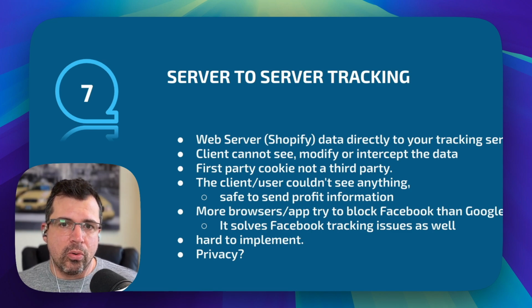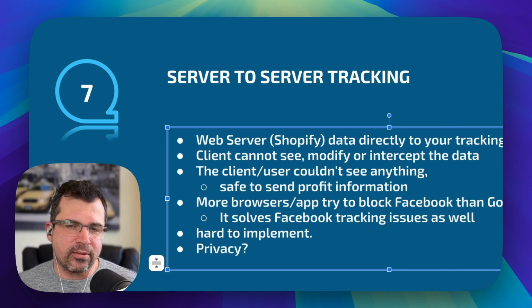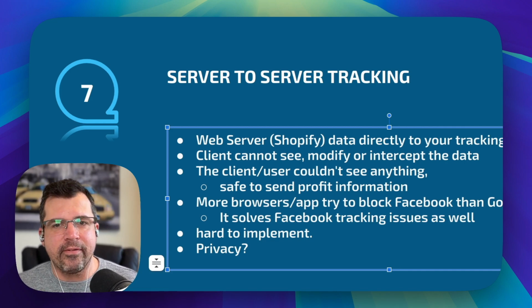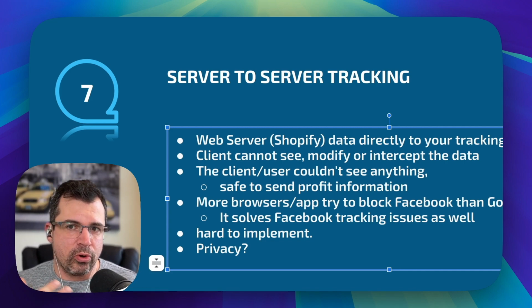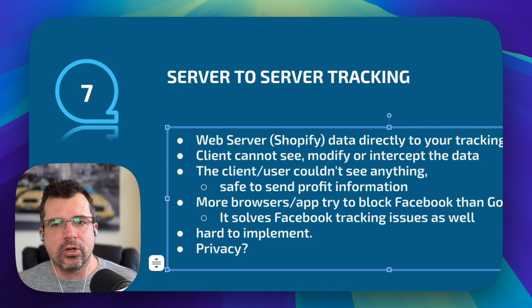Number 7, this is server-to-server tracking, and mostly no one else mentions this one so far. So your web server, Shopify in this case, sends data directly to your tracking server. Clients, users cannot see anything, making it safe to send profit information to your tracking server. More browsers and apps try to block Facebook than Google, so it's the best method for Facebook as well.